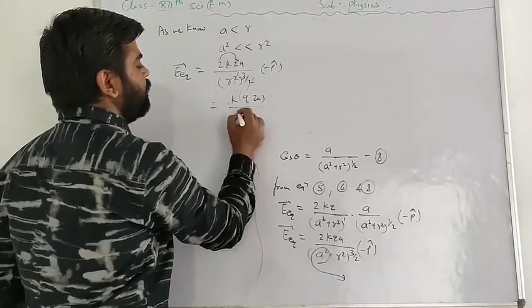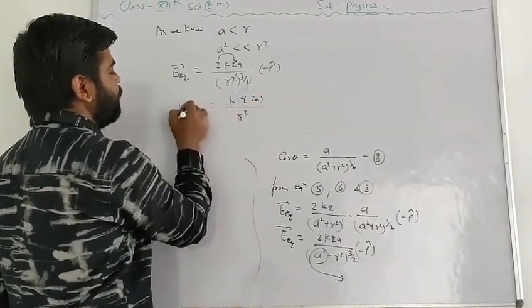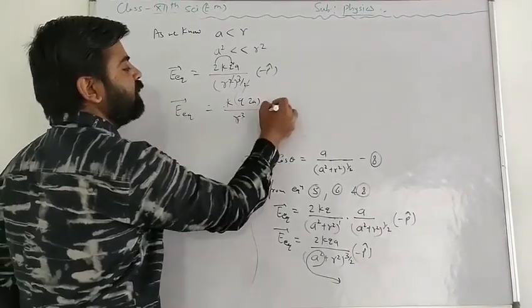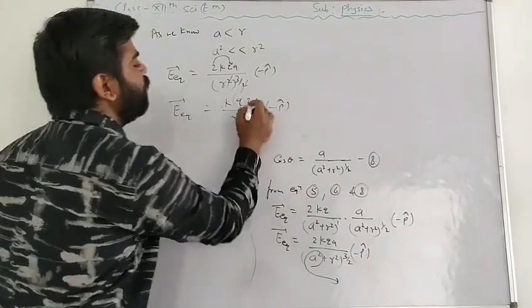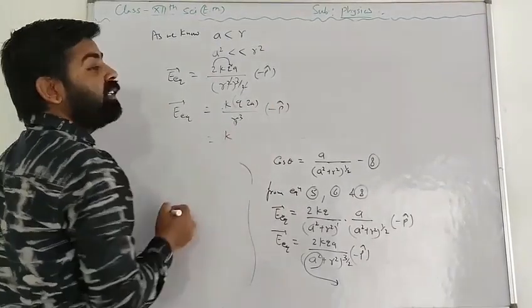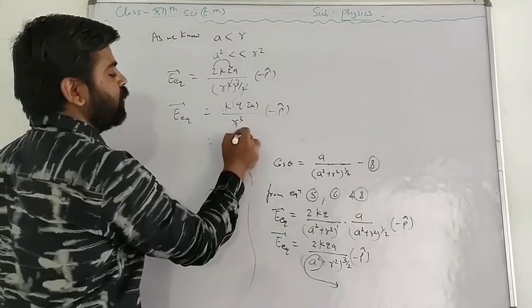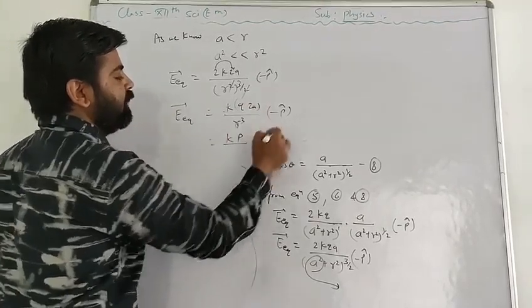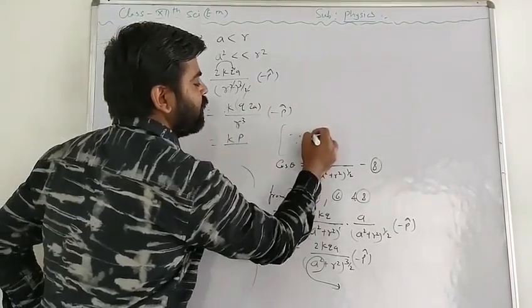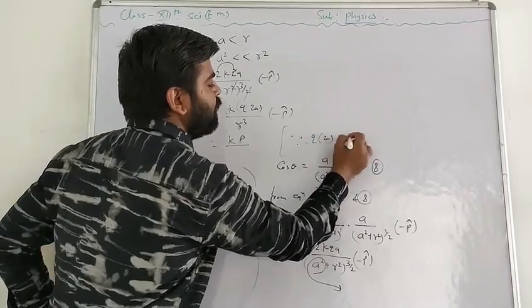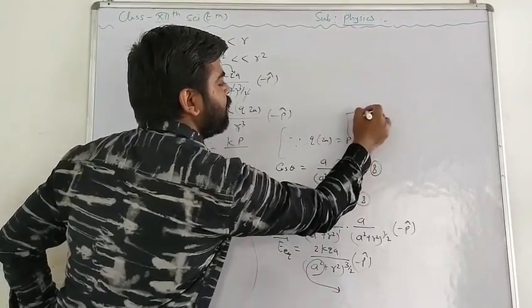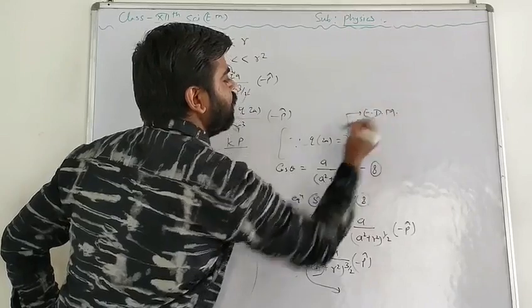I think you can guess the formula. What formula is it? This formula is the electric dipole moment, q into 2a. We can rewrite it as p, because q into 2a is equal to p. P is the electric dipole moment.